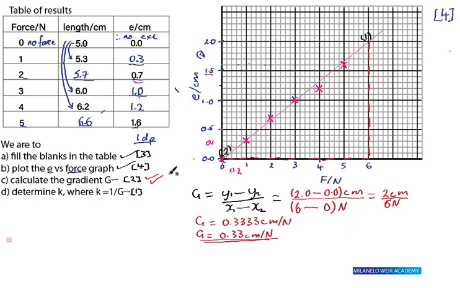So now the next thing is to determine K, where K is 1 over G. So K is equal to 1 over G. So what do we do? 1 over G. So the value for G, remember, we are not going to take the rounded value, we'll take this value instead.